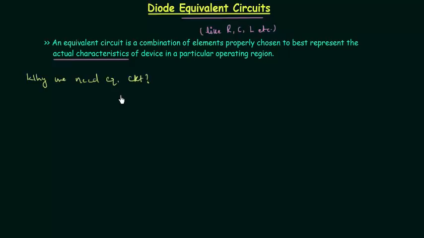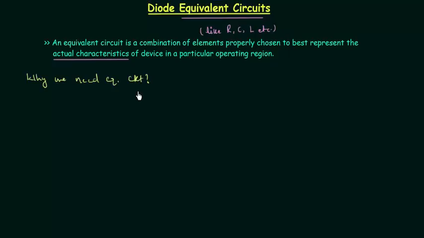If you have a diode or transistor in your circuit and you want to use circuit analysis techniques like Thevenin theorem, Norton theorem, etc. to find parameters like voltage, current or resistance, then you cannot use them with the actual device. And once the equivalent circuit is defined, we can replace the device symbol with the equivalent circuit and solve it using traditional circuit analysis methods.